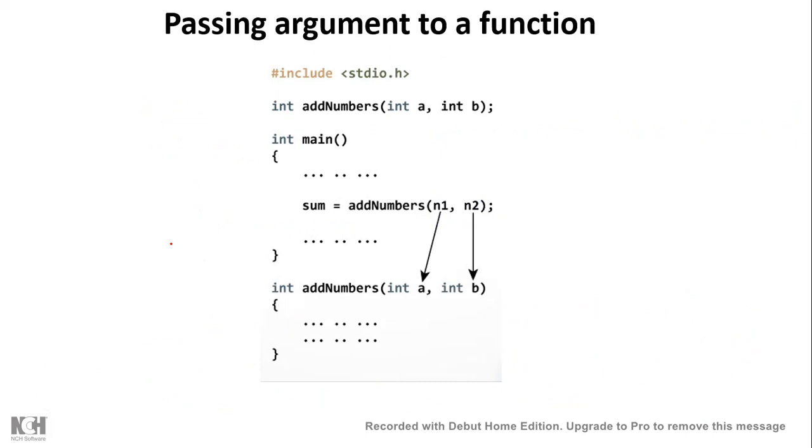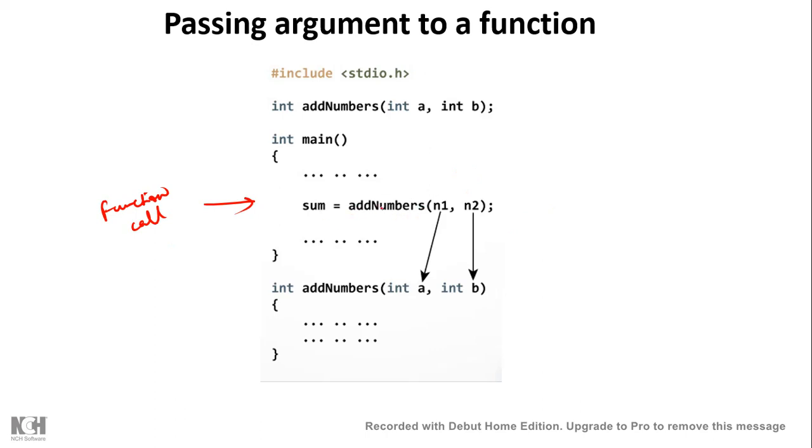Now, an argument refers to the variable passed to the function. So in this example, we have two variables n1 and n2. As you can see, this statement is our function call. How would you identify this is a function call?